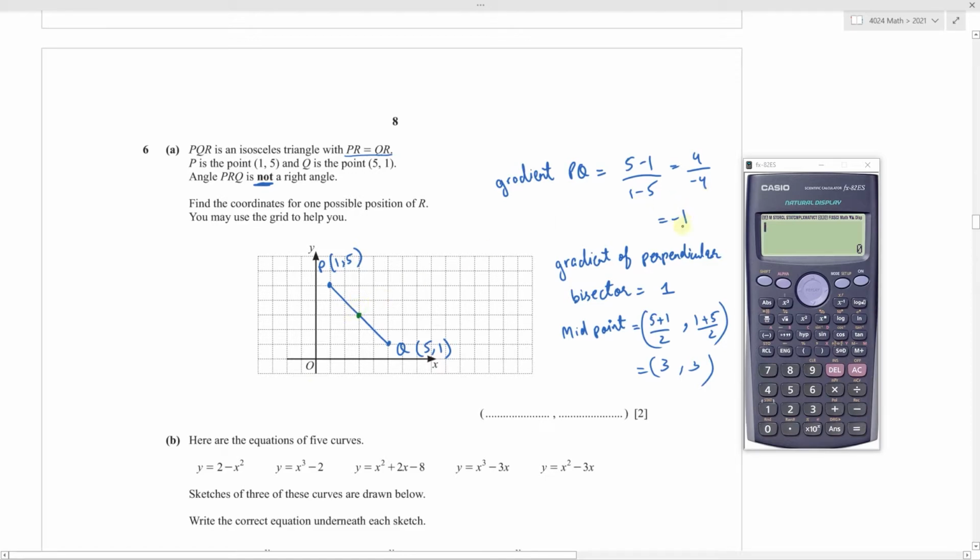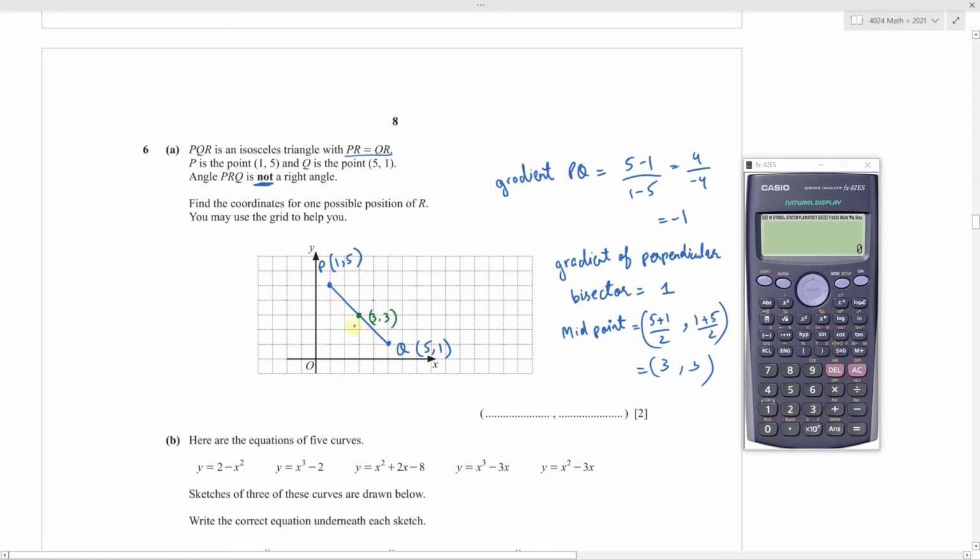And then the gradient of my perpendicular bisector is 1. That means for every one increase in x, my y value will increase by 1 as well. So if I go 1 in this direction, I will go 1 in this direction as well. So my perpendicular bisector will look something like this. It should pass through the midpoint 3, 3.